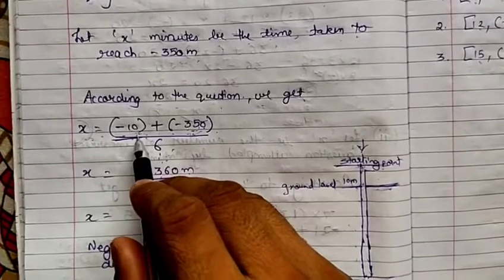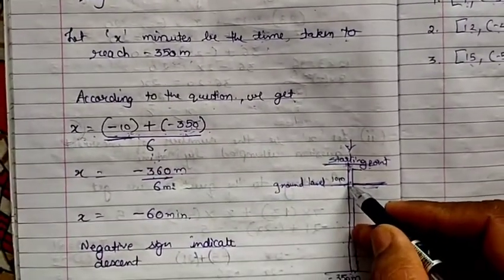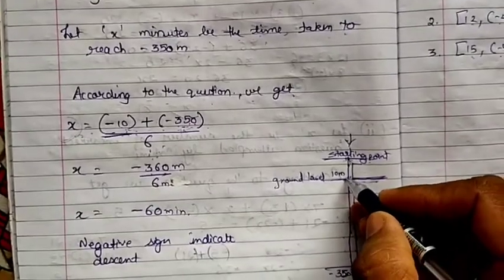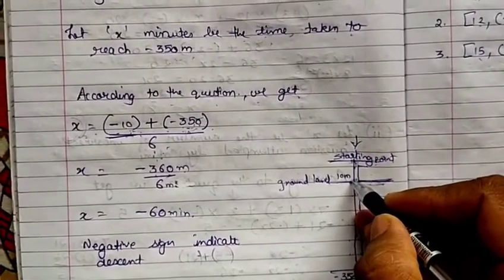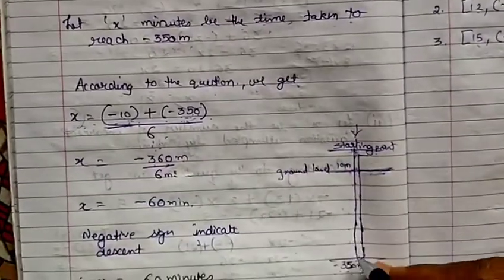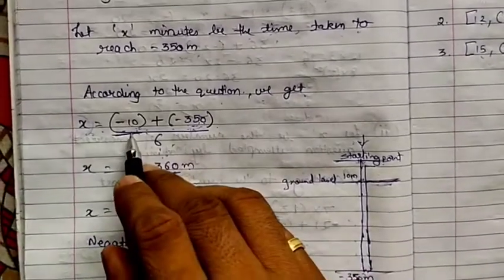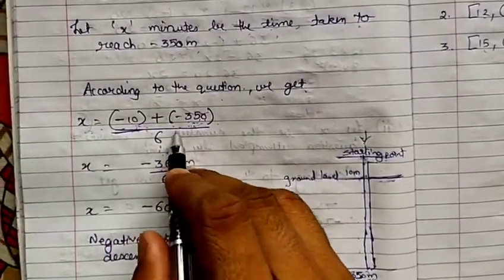Because the elevator starts 10 meter above the ground level. From here till here it has to cover the distance, and going down means negative 10, and from here till 350 going down means the measure will be negative. So negative 10 plus negative 350 divided by 6.